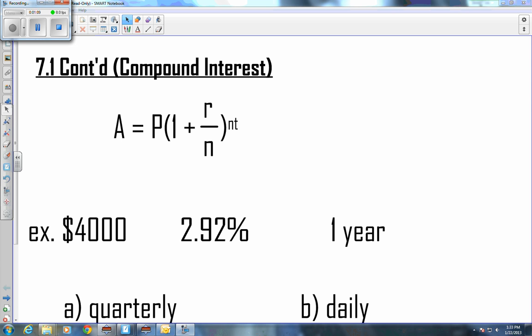At the end of the first quarter, 3 months in, if I put in $1,000 to begin with, I'd take 1,000 times 0.05 over 4. The quarterly interest rate, since it's 4 times in a year, you have to divide it by 4. Okay? Anybody got your calculator out?